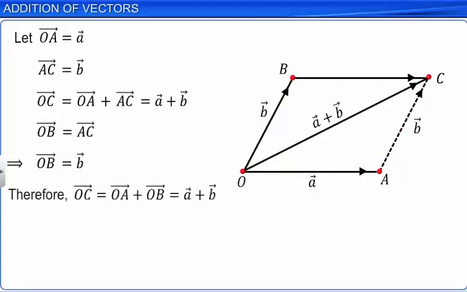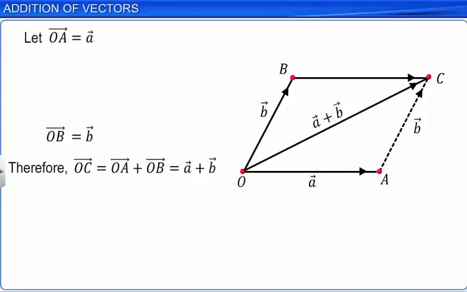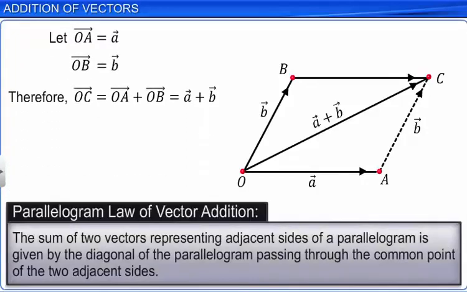We observe that the sum of vectors OA and OB is represented by the diagonal of the parallelogram passing through the common point of vectors OA and OB, that is, point O. The parallelogram law of vector addition states that the sum of two vectors representing adjacent sides of a parallelogram is given by the diagonal of the parallelogram passing through the common point of the two adjacent sides.